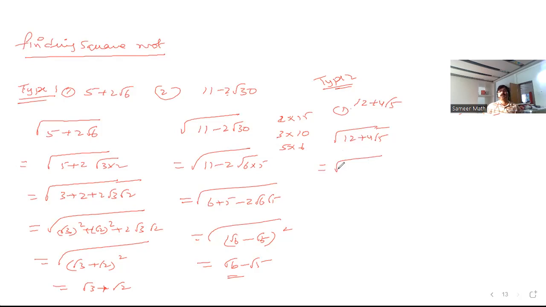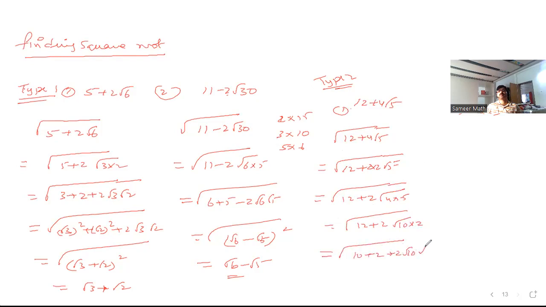That's why you better take down here, write the product of 2. And as you know that you have learned that method, here you take 2 inside, you will get here 4 into 5, but this is not suitable one. 12 we want, 20 is there, no. 20 is there means 10 into 2 is suitable one, so that it can be written as 10 plus 2 plus 2 root 10 root 2.